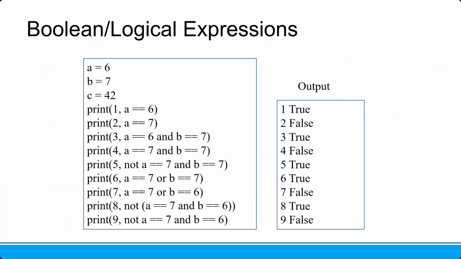So you can have the combination. Okay. Let's say I have A is 6, B is 7, and C is 42. If A equals 6, yes, this is true. If A equals 7, this is false because originally A is 6.